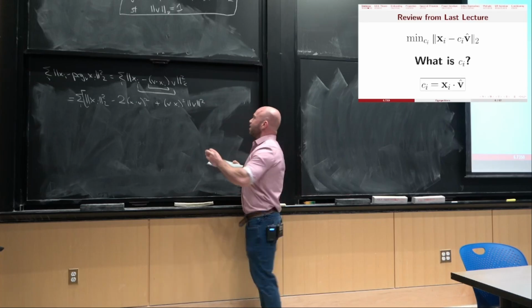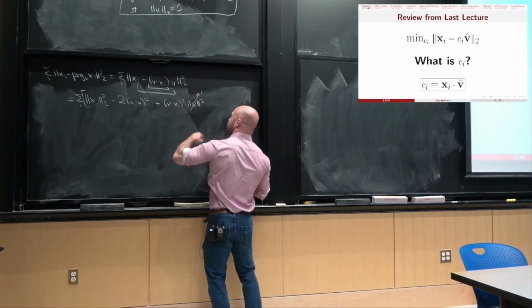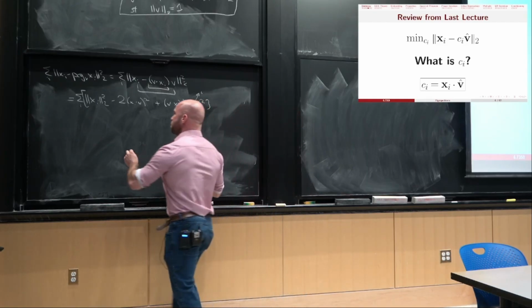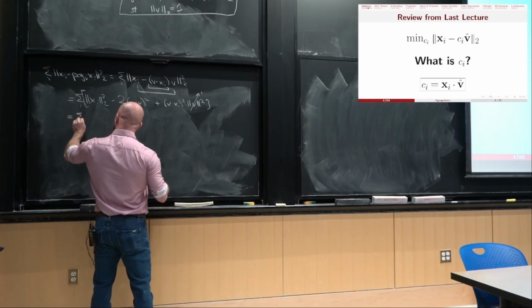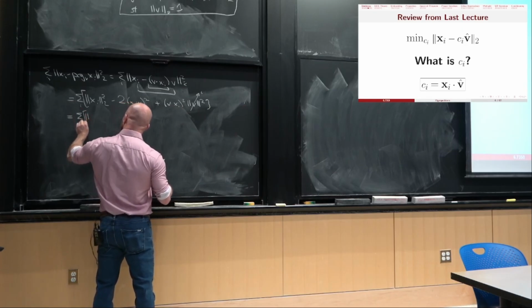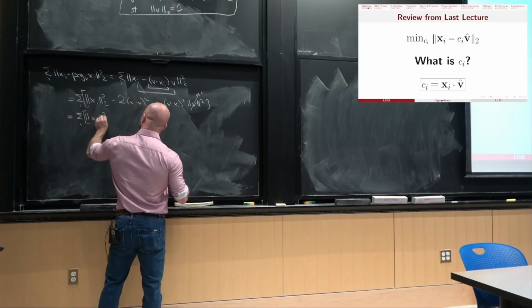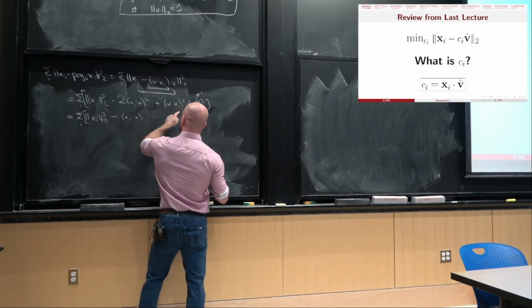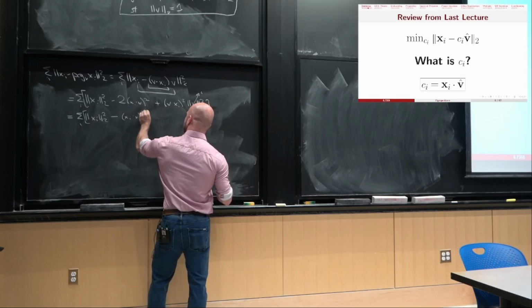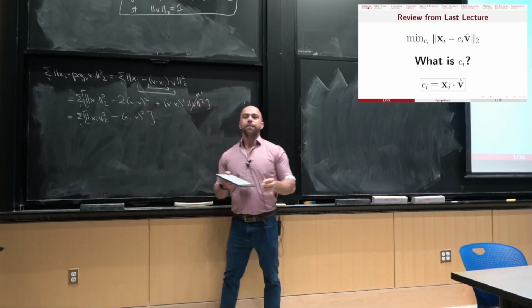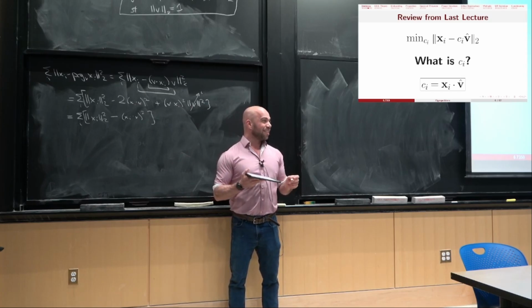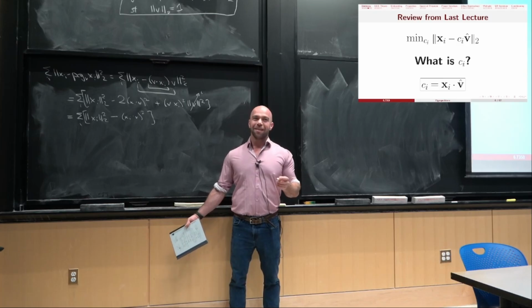It's 1. So we can simplify our expression a bit more: the sum over i of the norm of x_i squared minus (x_i dot v) squared. Now we're cooking with gas, because now our problem looks like least squares, but it ain't, because we have a norm constraint. Everybody with me so far? Cool.